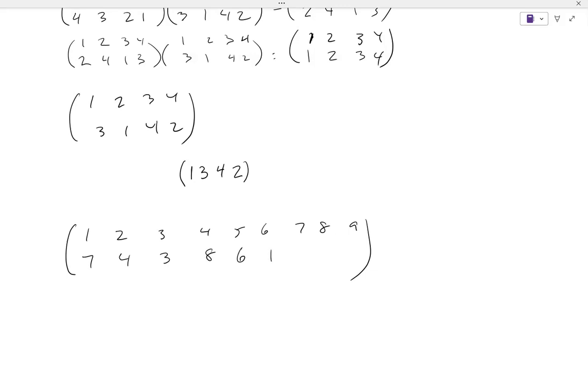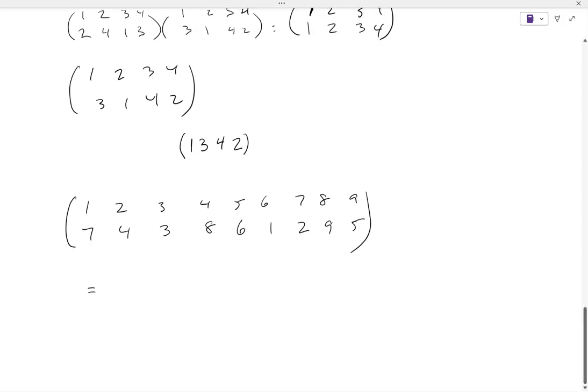Let's make sure I don't mess up. What do I need? Still a 9 and a 5. Okay. So hopefully this will do what I wanted to do. I wasn't paying too much attention as I was writing it down.